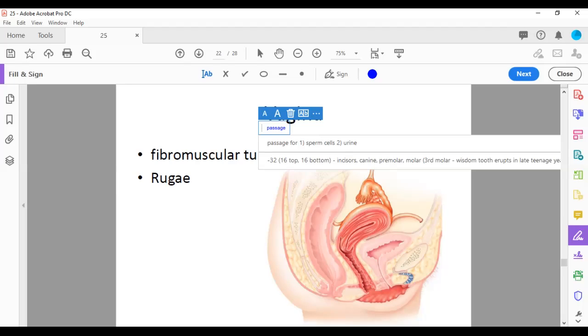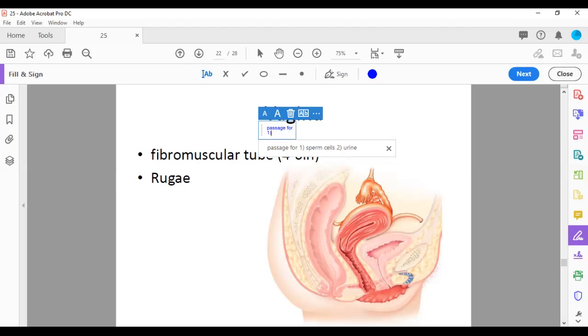So it's a passage for blood to come out during menses, and for the baby to come out of the birth canal. So the vagina in this case is also called the birth canal.